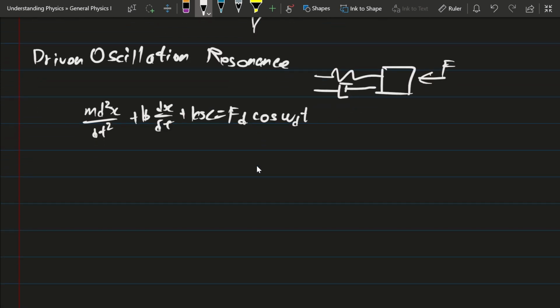So if you try to solve this, you would figure out that one of the solutions is actually A cosine(omega_d t plus phi). So what's the A? It will later depend on all of these equations. So let's actually try to figure out what the A is.